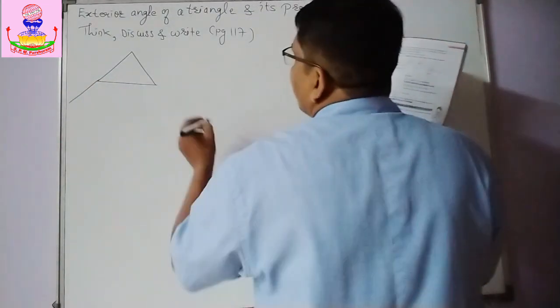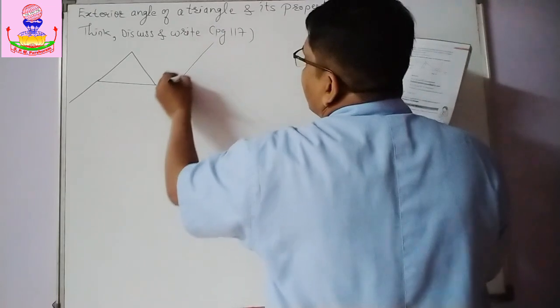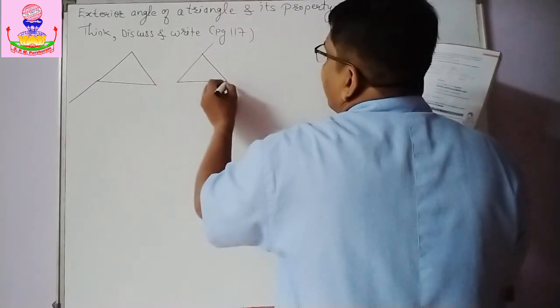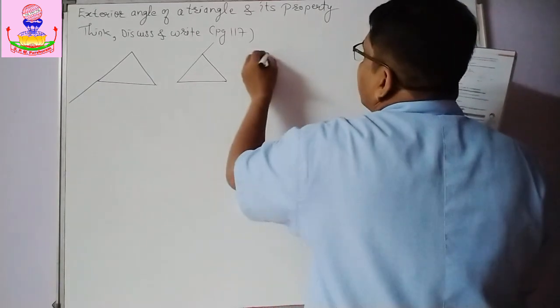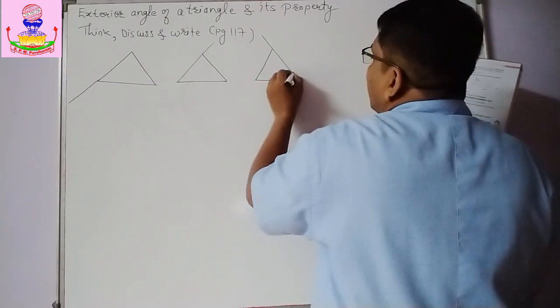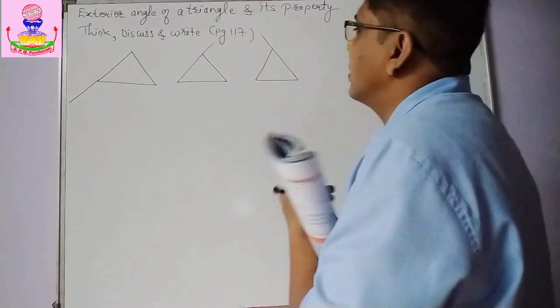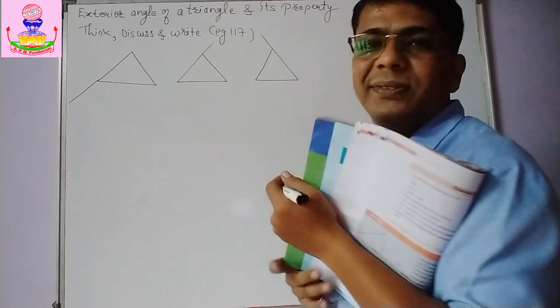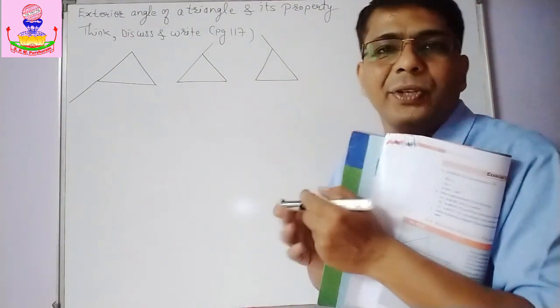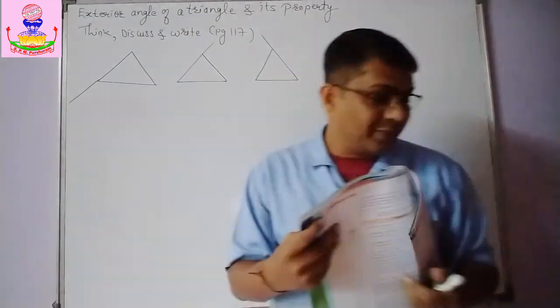So this angle is not given. Do you get it? So these are 3 more ways in which you can get the exterior angle.